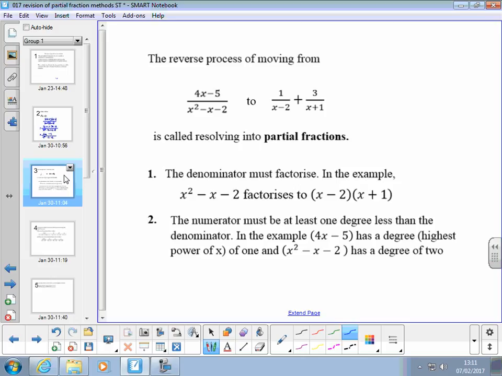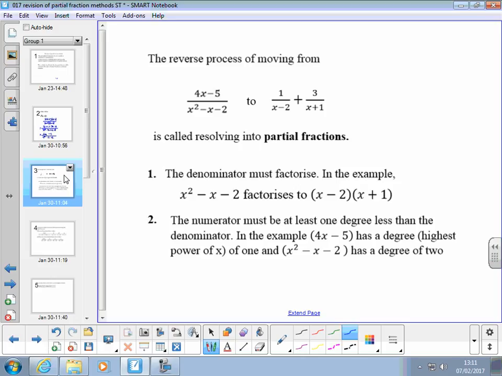First of all, we must be able to factorise the denominator. Write it as two factors. The second thing is, unless we want to do some further manipulation to make it as such, the numerator must be at least 1 degree less than the denominator.